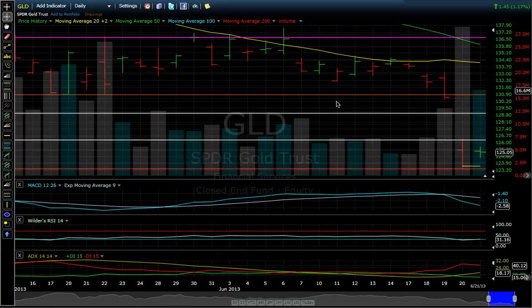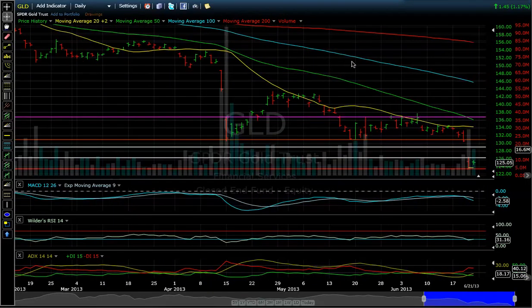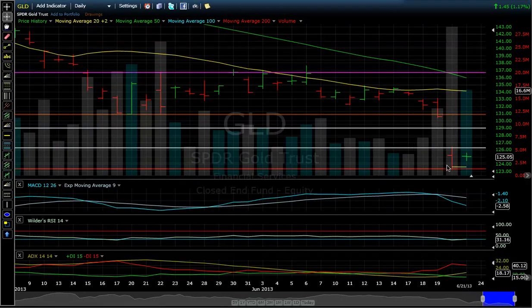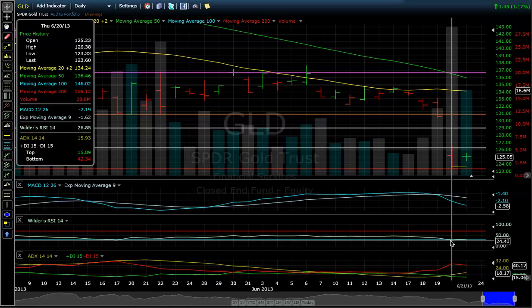So with that said, we're going to look at our gold chart here. Gold did exactly what we thought that it would do on Friday. We said Friday we should get a bounce. The stock was oversold, as you see here. If you see in the left hand corner, there's a little chart that pulls up.